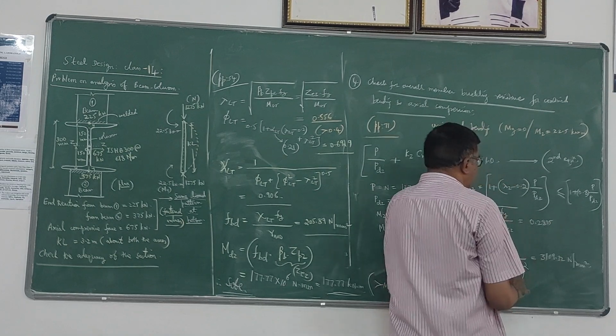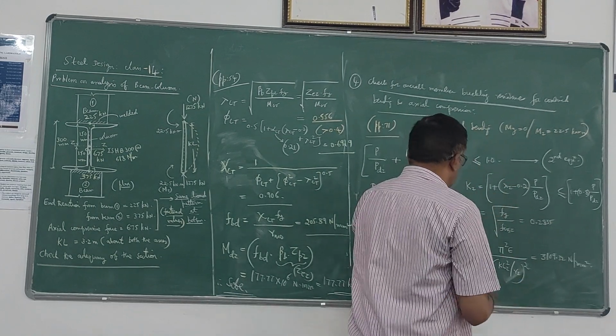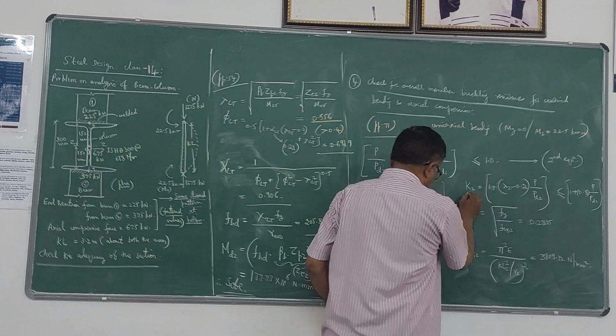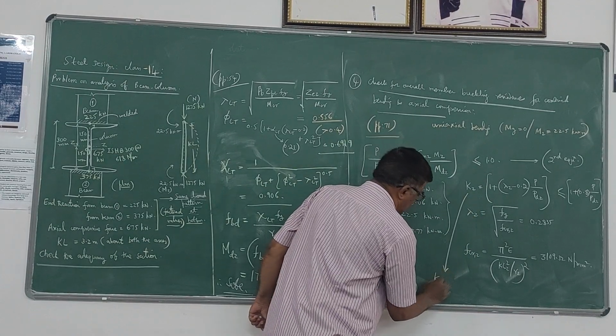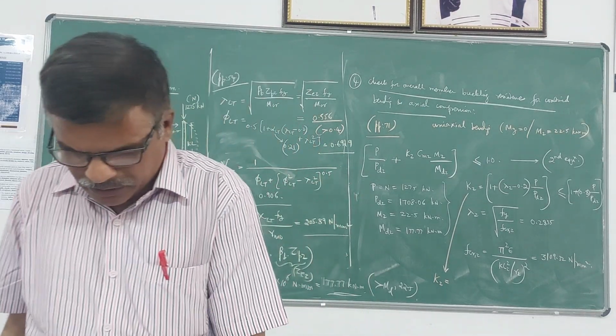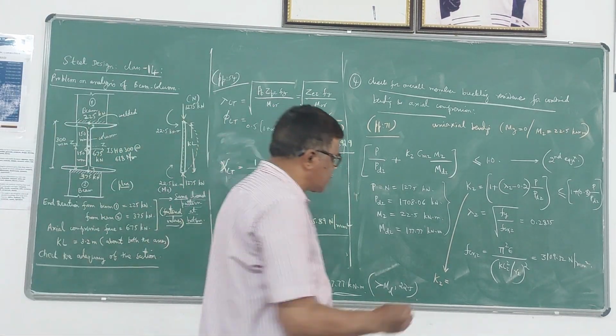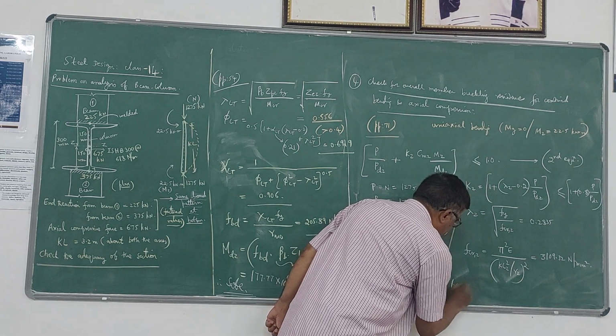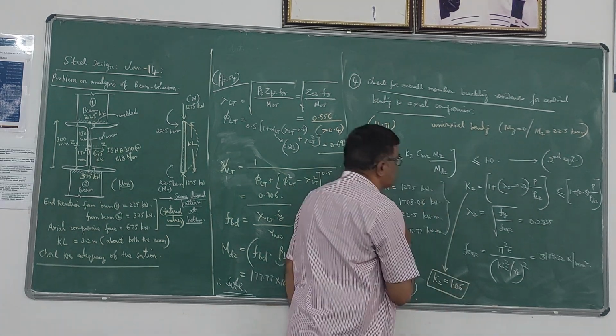Then if you substitute that here, you will get the value of Kz as 1.06.